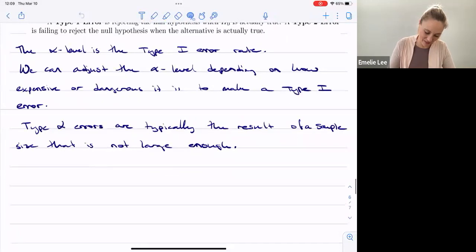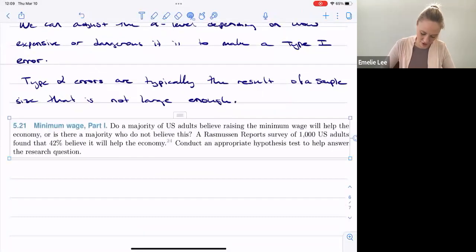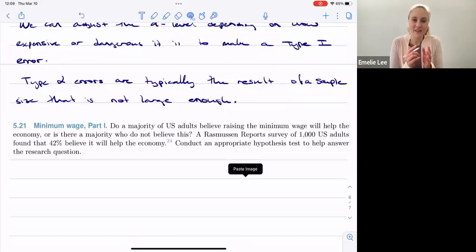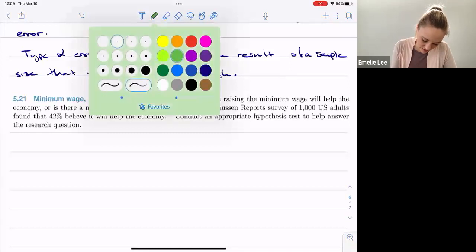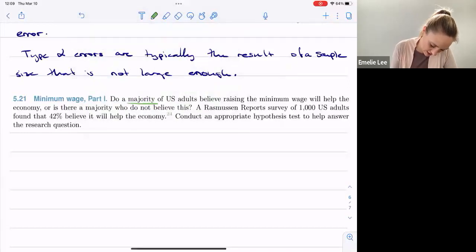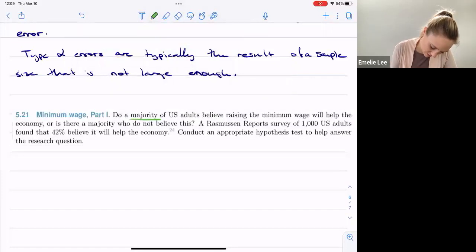One bummer about this example that I want to use is that the wording is really strange. So I'll try to cut through it a little bit quicker. Okay, so the question asks, do a majority of US adults, and a majority is more than 50%.